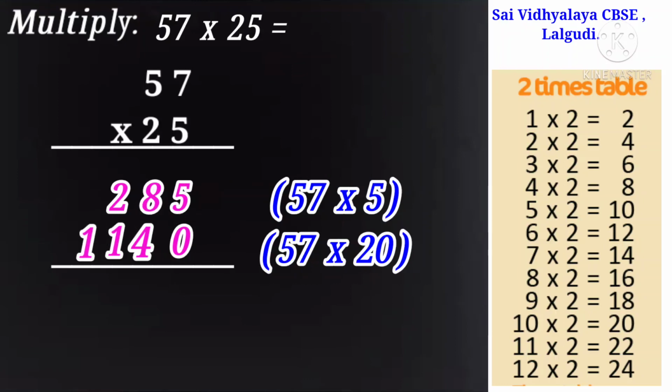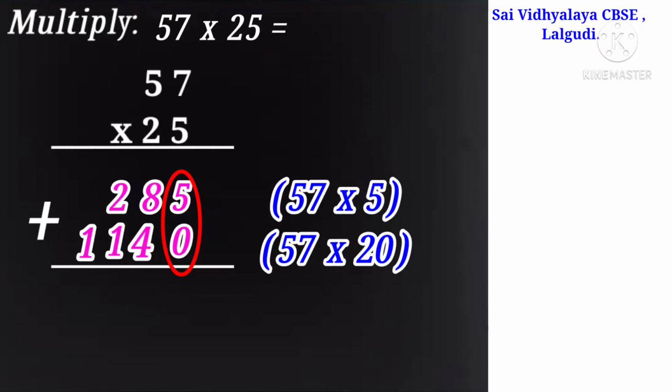Now we have to add the answers. 5 plus 0 is 5. Write 5 in the ones place. 8 plus 4. 8 plus 4 is 12. Write 2 in the tens place and 1 as the carryover in the hundreds place.